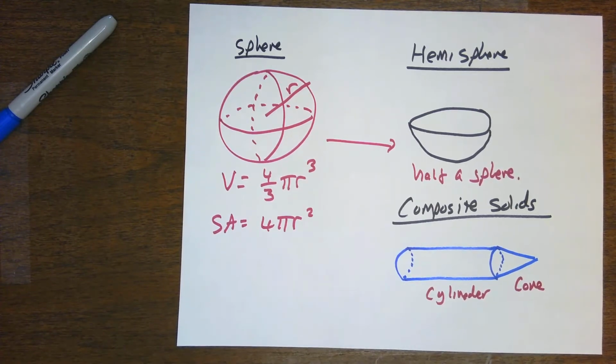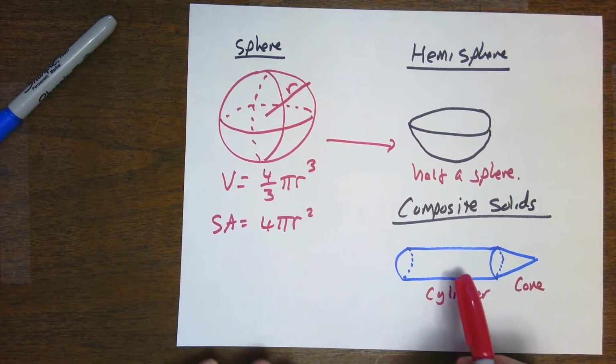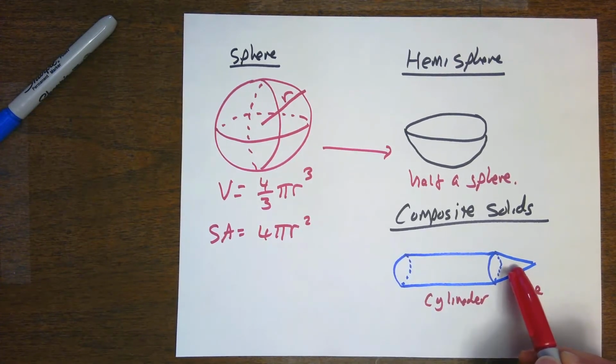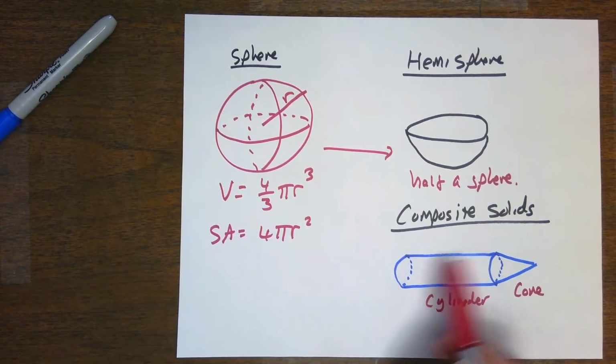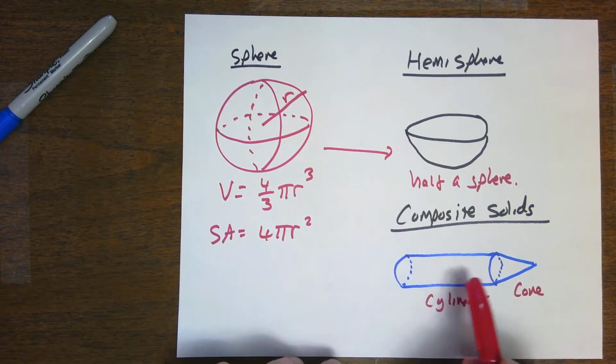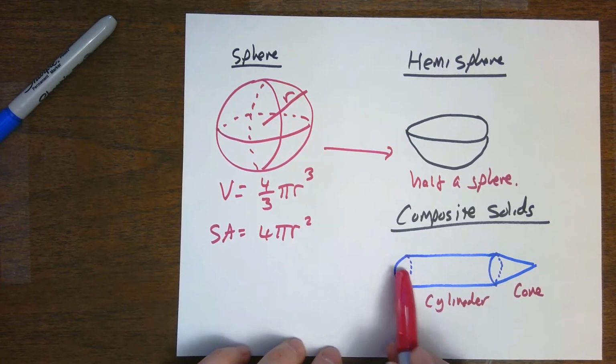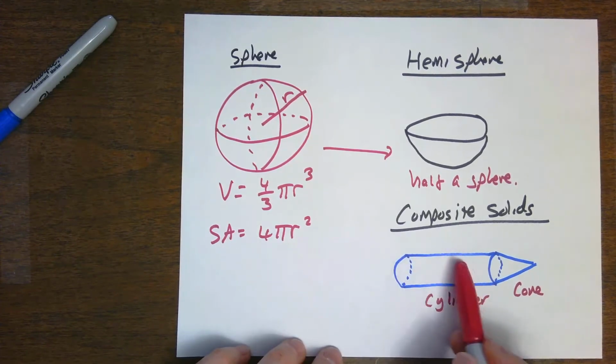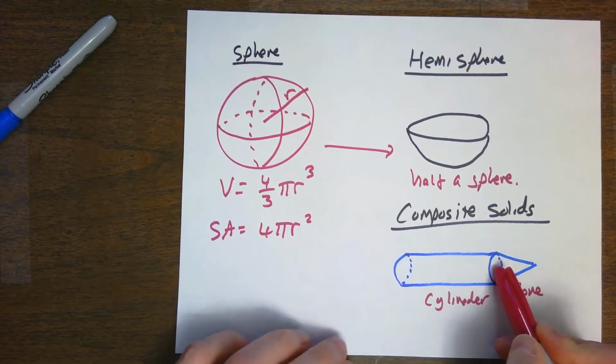But watch out for surface area, because it's not just going to be the surface area of the cylinder plus the surface area of the cone. If I think about the total surface area of this composite figure, it's going to be the base of the cylinder plus the lateral face of the cylinder, but not the top of the cylinder.